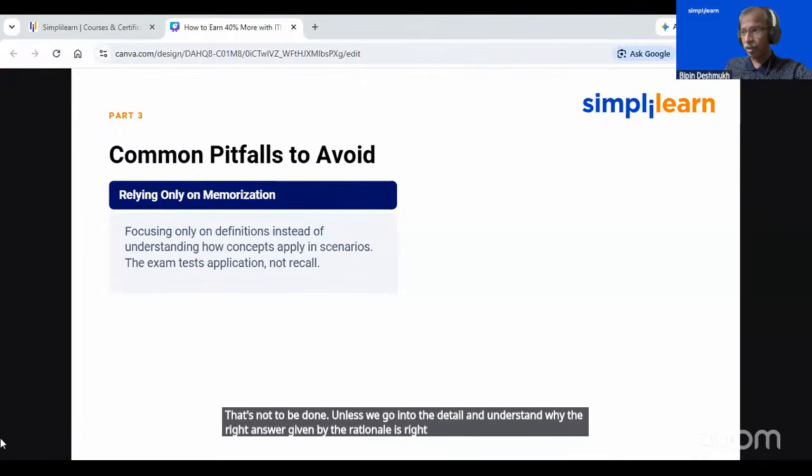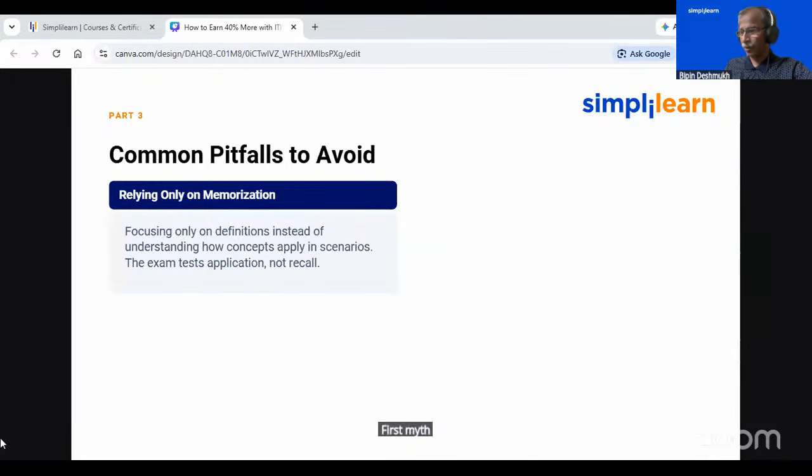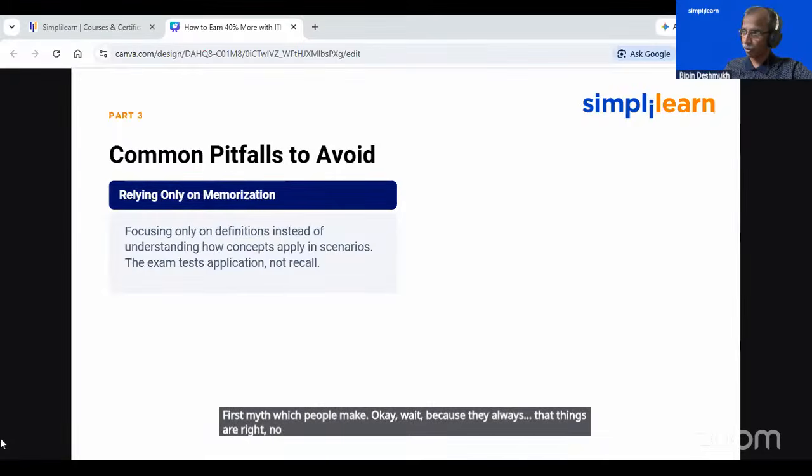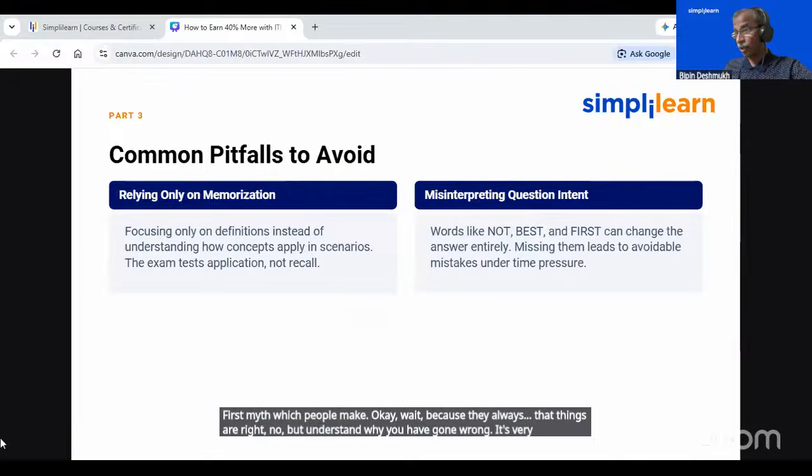Please understand the details that are given. Don't blindly correct it. That's the first mistake which people make. Understand why you've gone wrong. It's very important so that you will not make the mistake again. If you don't understand it, you'll make the same mistake again.